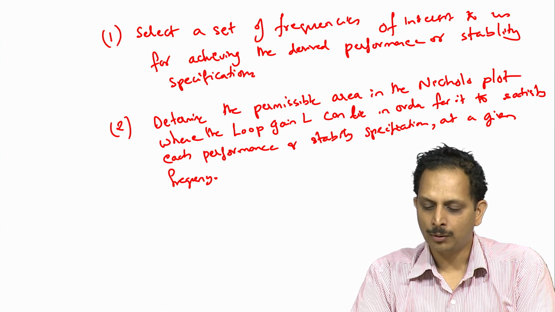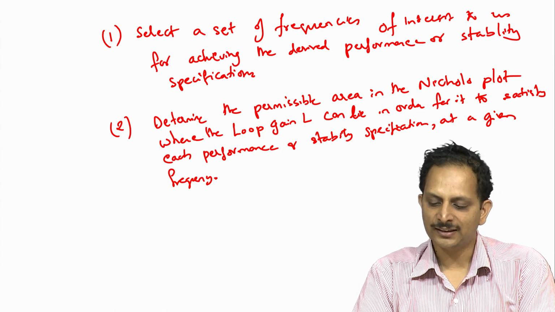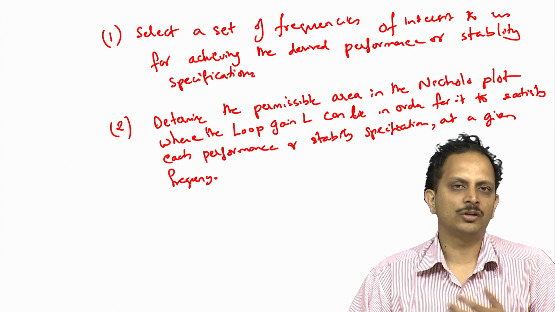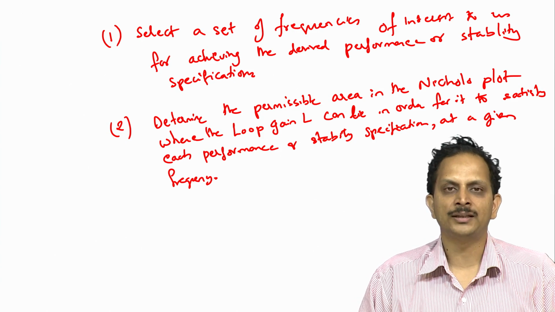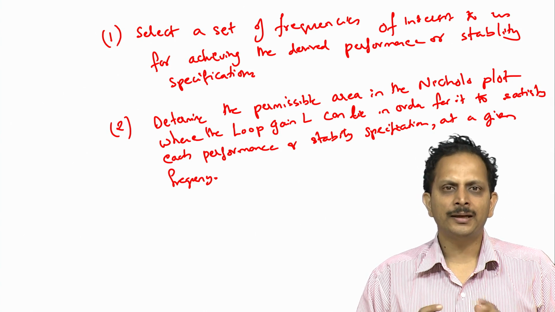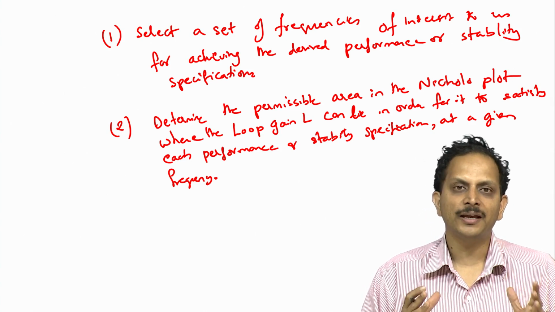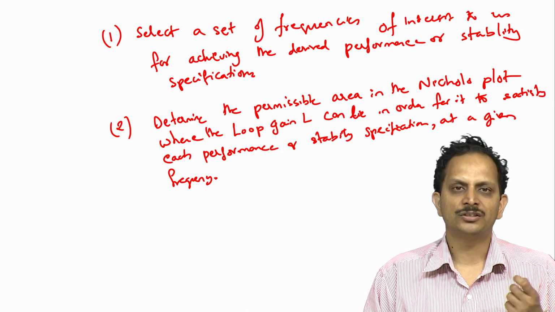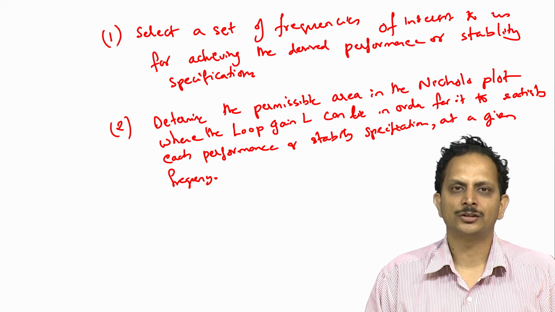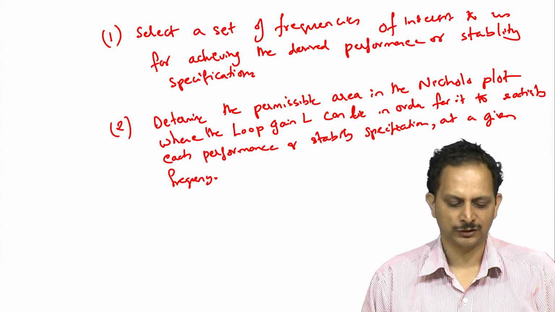This in effect boils down to indicating the area in the Nichols plot, because the Nichols plot essentially plots the phase of L versus the magnitude of L in the logarithmic scale. It boils down to indicating the permissible area in the Nichols plot where the loop gain can lie for it to satisfy each of these performance and or stability specifications.